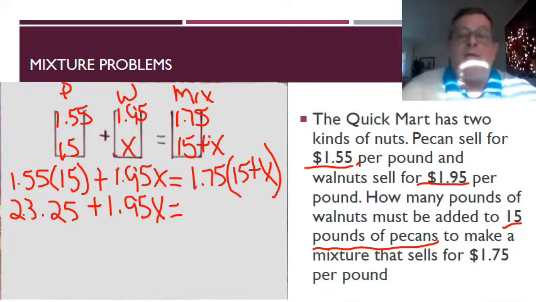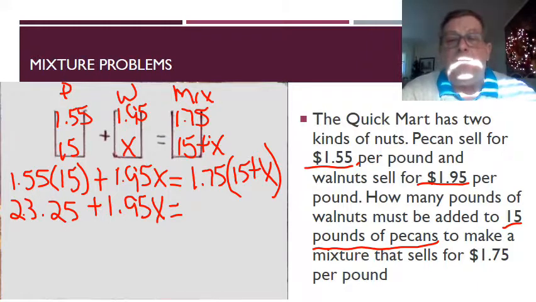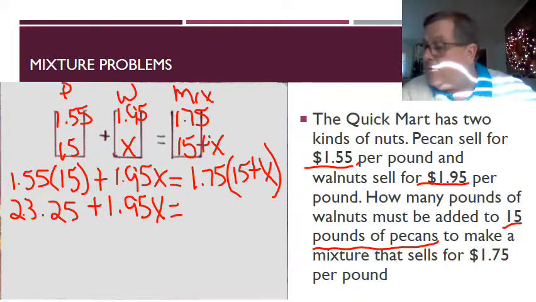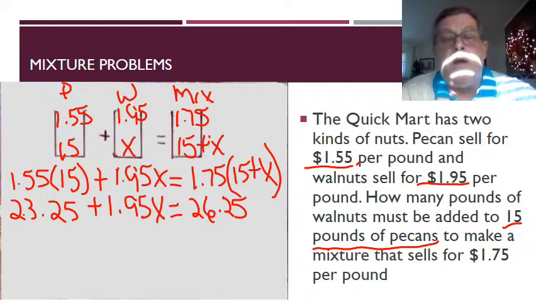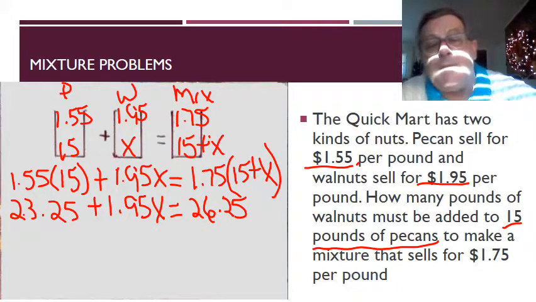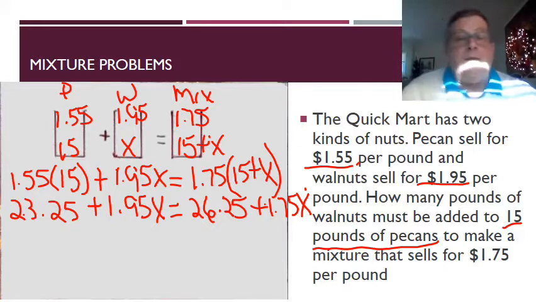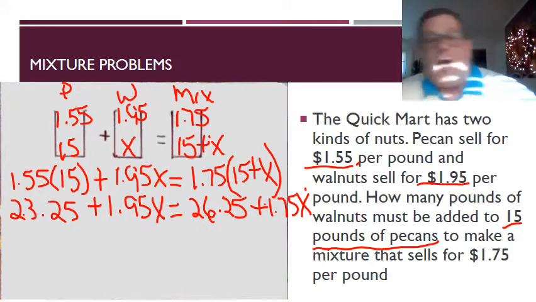Now on the right side, I'm going to have to distribute this $1.75 times everything inside the parentheses. In other words, I'm going to multiply $1.75 times 15, and that's going to come to 26.25. But because I'm distributing, I also have to multiply the $1.75 times the x. So I now got $1.75x.